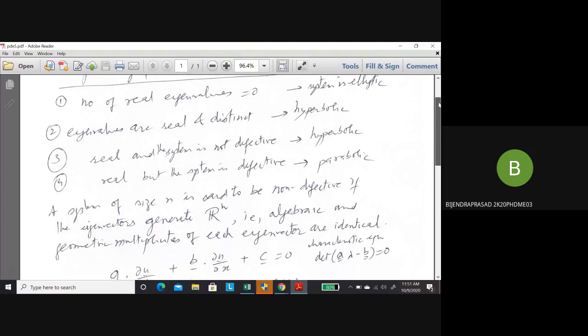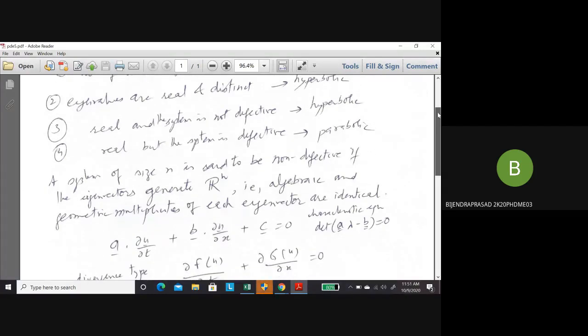Fourth, when the eigenvalues are real but the system is defective, then it is parabolic. A system of size n is said to be non-defective if the eigenvectors generate R to the power n, that is, the algebraic and geometric multiplicities of each eigenvalue are identical.